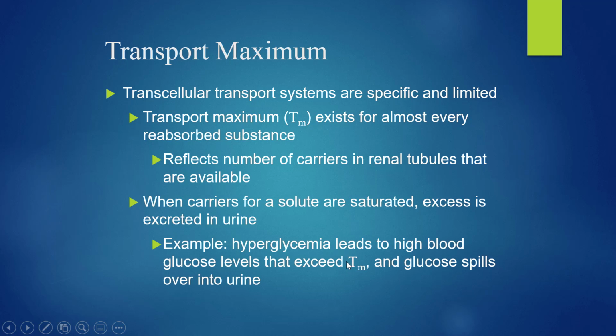So it's a good example for people who are hyperglycemic, and why their urine is going to have a lot of glucose in it, because the glucose spills into the urine.